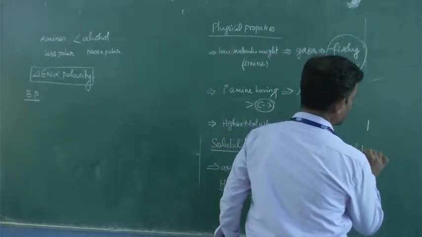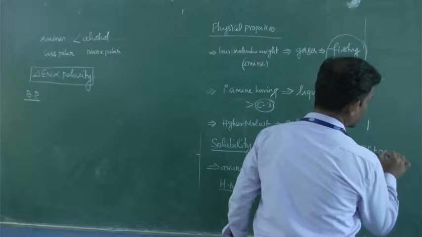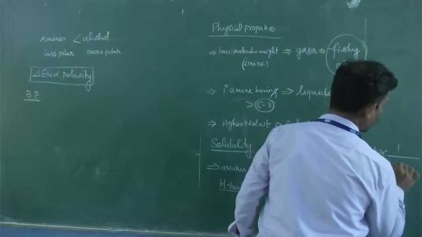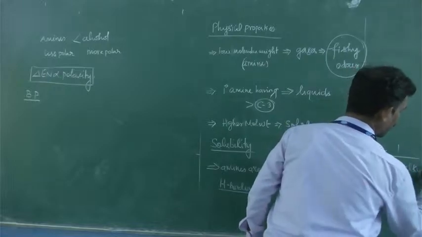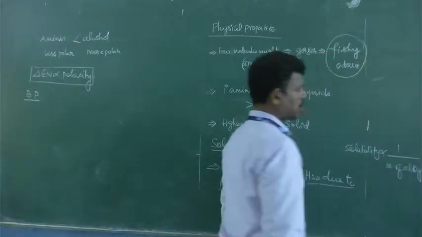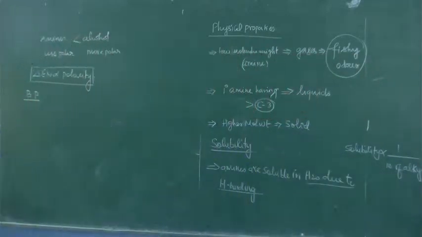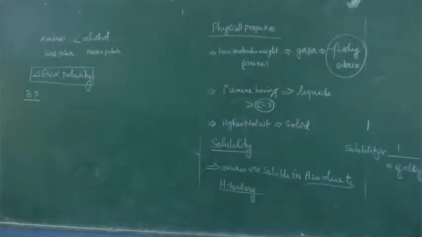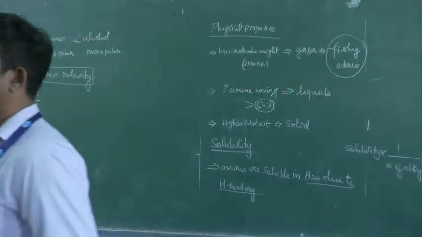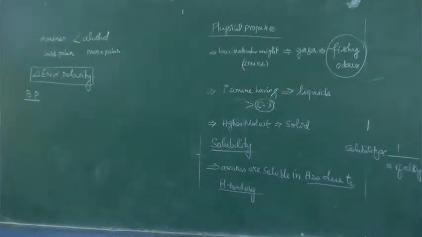Solubility is inversely proportional to the number of alkyl groups. As the alkyl group increases, solubility decreases, because an alkyl group is nothing but non-polar in nature, that is, hydrophobic nature. If hydrophobic nature increases, solubility will decrease. So lower molecular weight amines easily dissolve in water when compared to higher molecular mass ones. They dissolve because of hydrogen bonding.